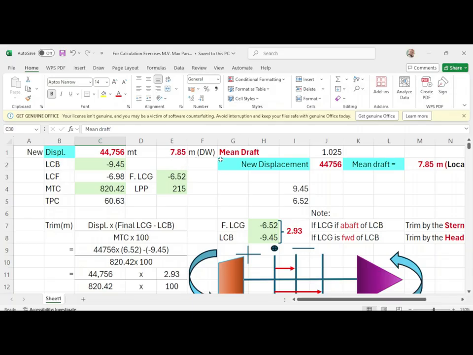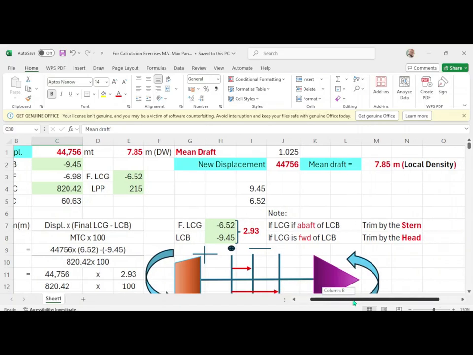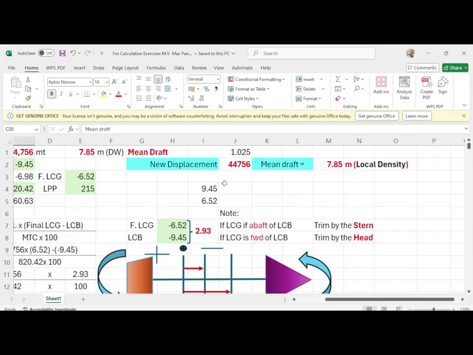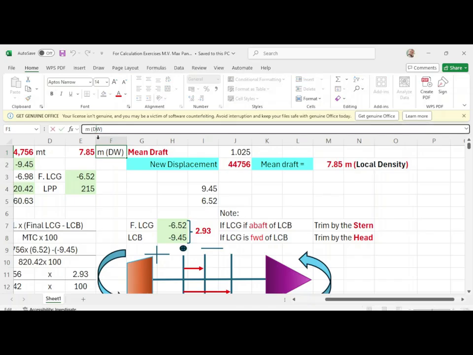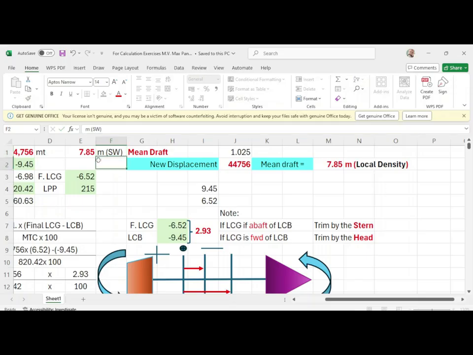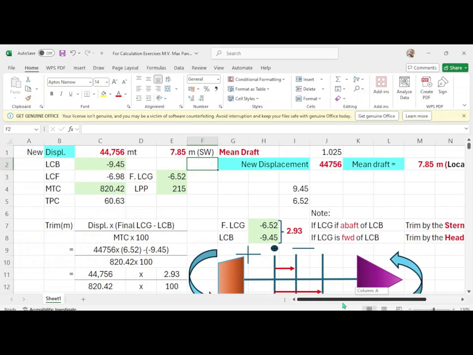Okay, so this will be salt water. This local density will be salt water, because this is the hydrostatic draft. So this will be your mean draft of 7.85.